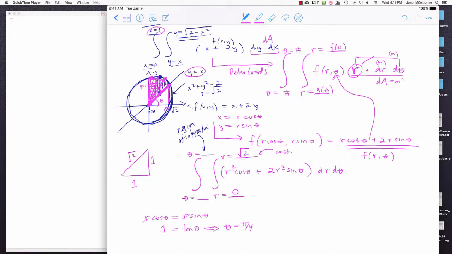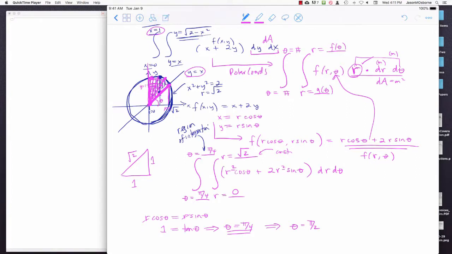But the angle part of this region goes from pi over 4 up to, when x is equal to 0, the cosine is 0 and the angle will be pi over 2. So we're going to go from an angle of pi over 4 up to pi over 2, and these angle and radius measurements describe the region in question.